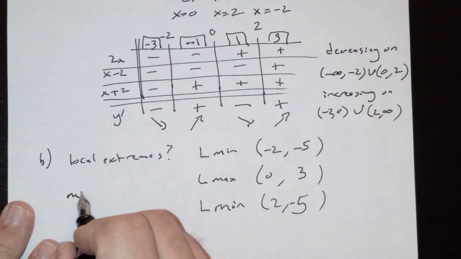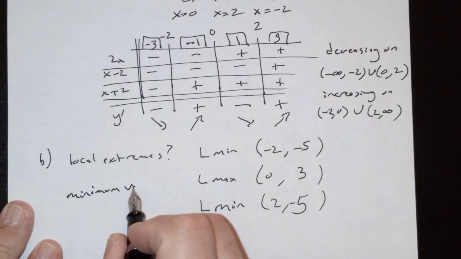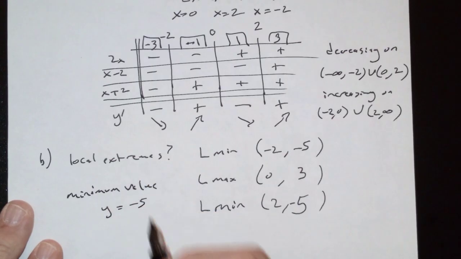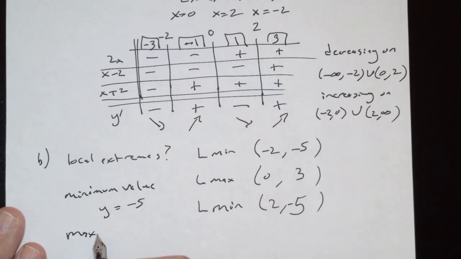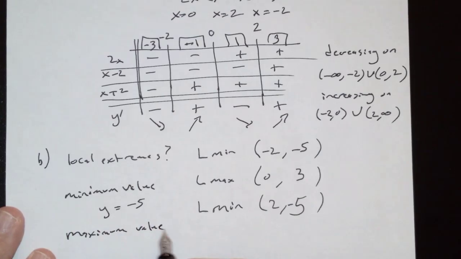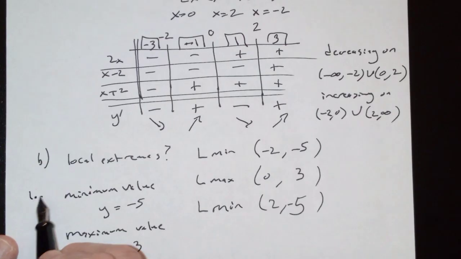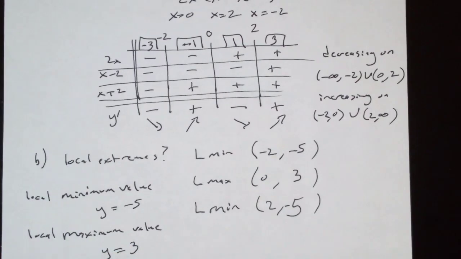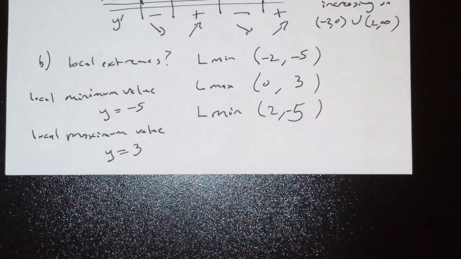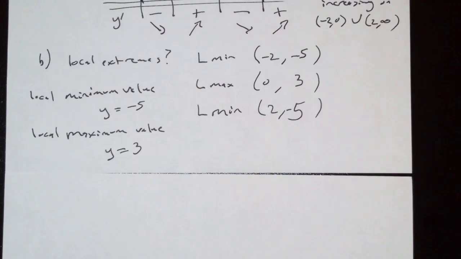So my minimum value is -5, and my maximum value is 3. Local. I should say local on all of these. So far, so good. So now I have a W, and I have 3 points on that W. Down, up, down, up. Part C asked me for inflection points, and intervals of concavity.